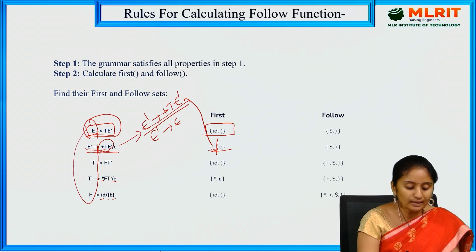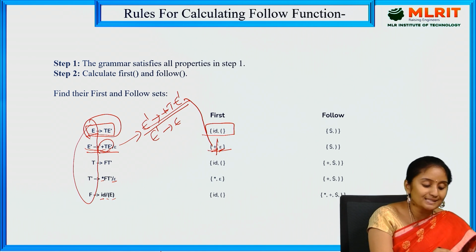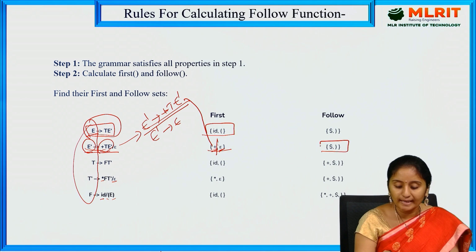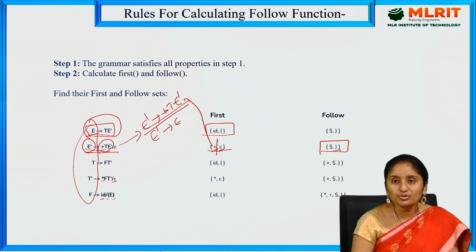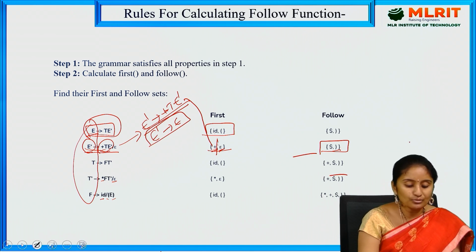The other one I have here is epsilon. How did I get this epsilon? If the first function has an epsilon, we go for the follow of the LHS, follow of E dash. What is follow of E dash? Dollar comma closed bracket.